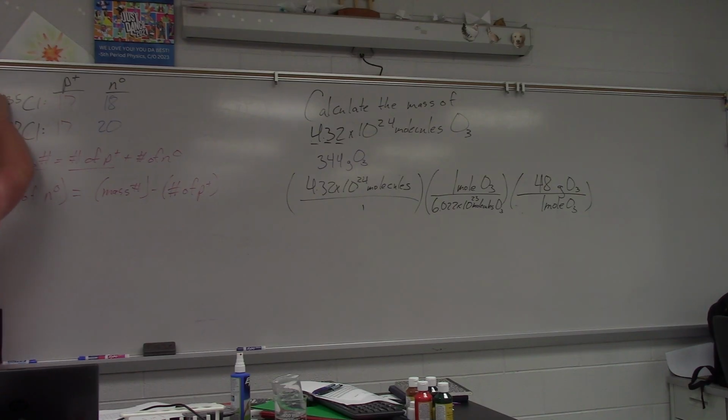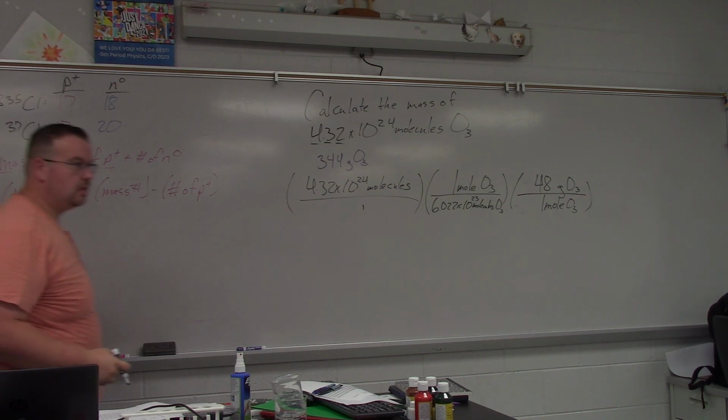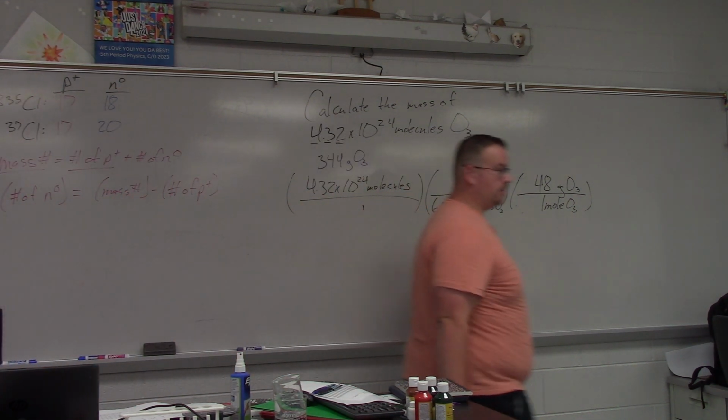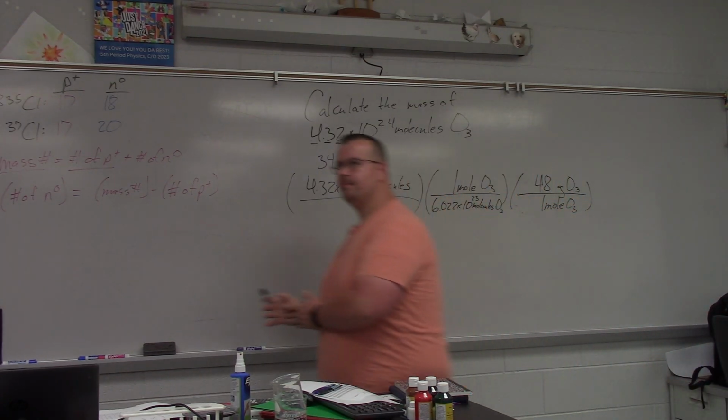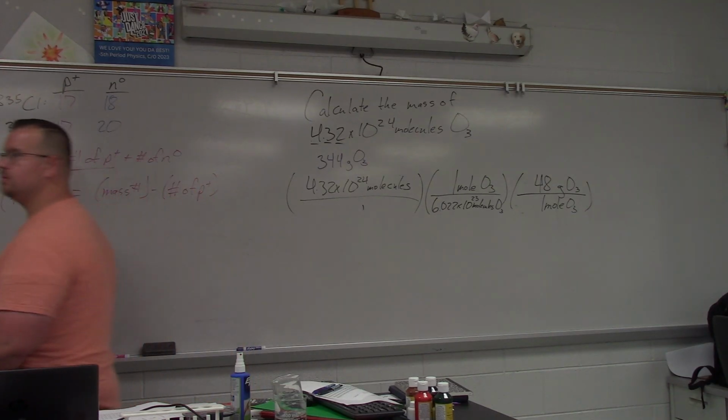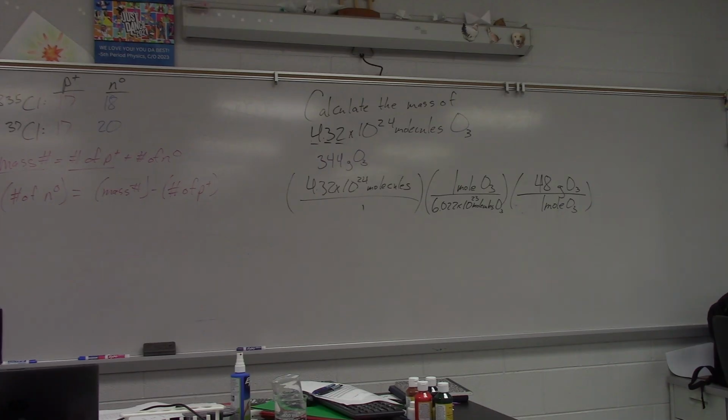Would this be average atomic mass or percent abundance? What we're doing right now is calculating the average atomic mass. And then 0.242. This is calculating average atomic mass using the mass number of the isotopes and their percent abundances. You've got to bring the mass number in with it.